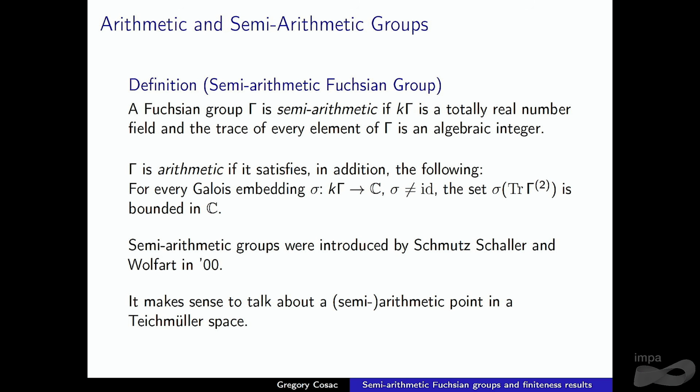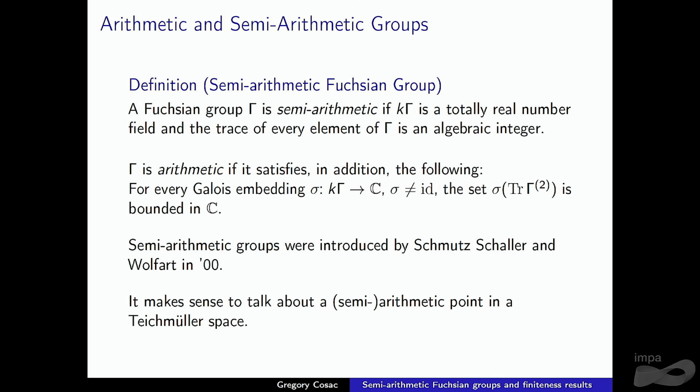So you're looking at homomorphisms that are injective and type preserving, etc. And then you quotient by the action by conjugations in PSL2R. And because we're defining arithmeticity and semi-arithmeticity in terms of traces, and traces are invariant under conjugation, it's well defined to say that a point in a Teichmüller space is semi-arithmetic or arithmetic.